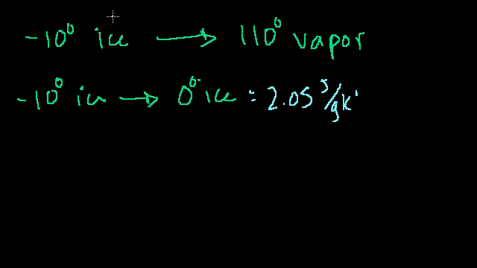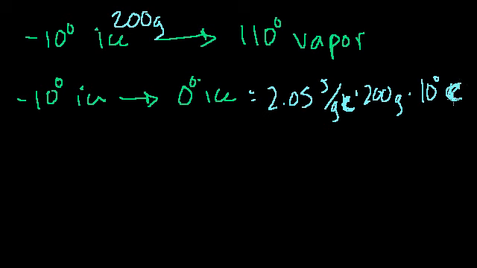So let's say we're dealing with 200 grams. So it'll be the specific heat times the number of grams of ice we're warming up times the change in temperature that we're trying to get. So times 10 degrees Kelvin. It doesn't matter whether we're using Kelvin or Celsius; I could have written Celsius in the units. Let's put Celsius right there. So what is that equal to?